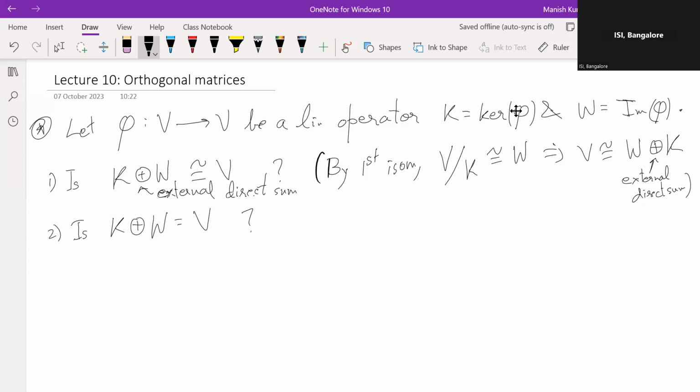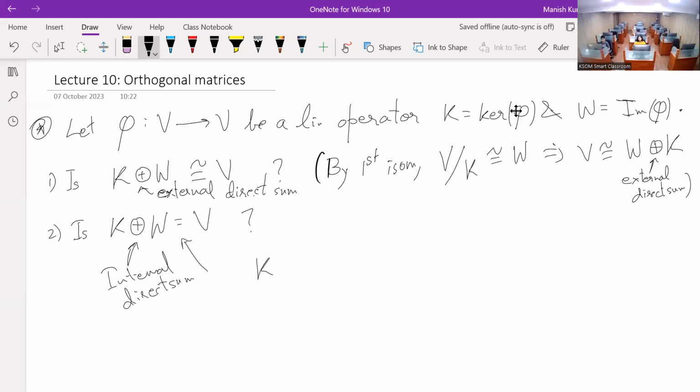So what does this mean? If this is the internal direct sum, what does this equality mean? Every vector in V can be represented uniquely as the sum of an element in the kernel and an element in the image.